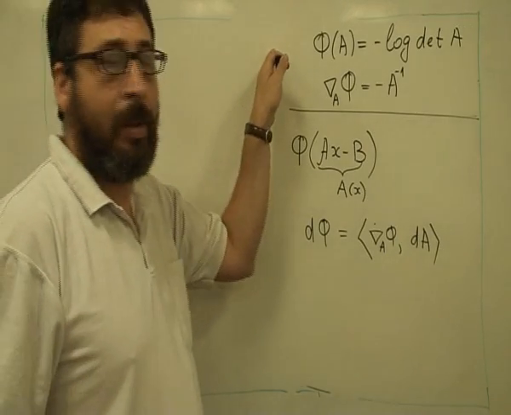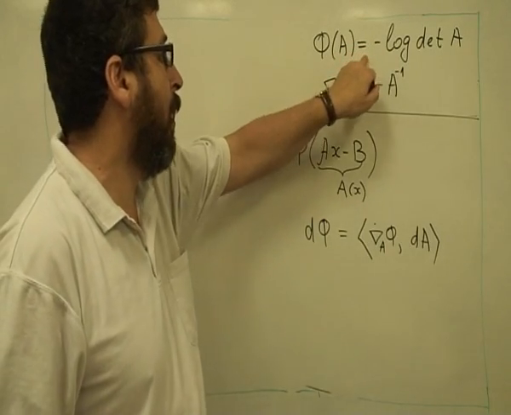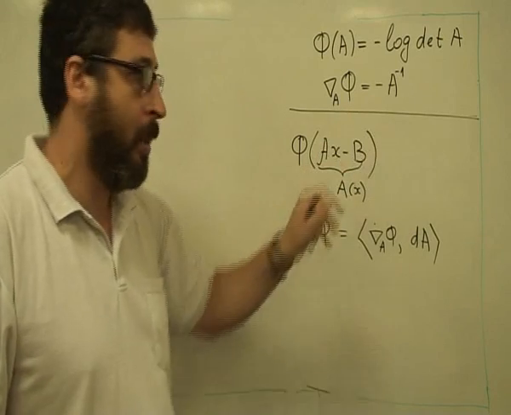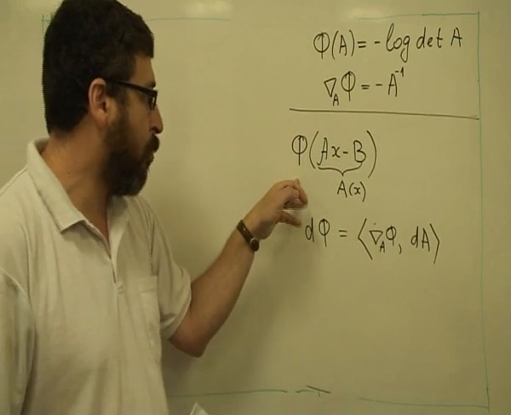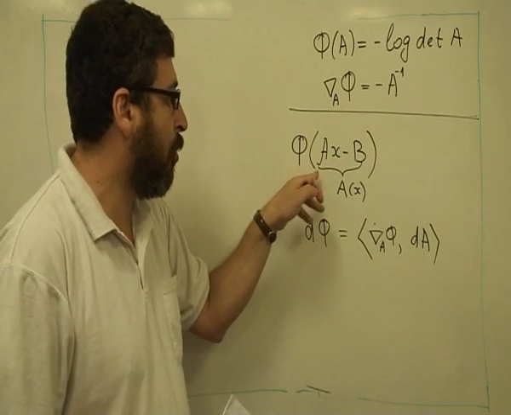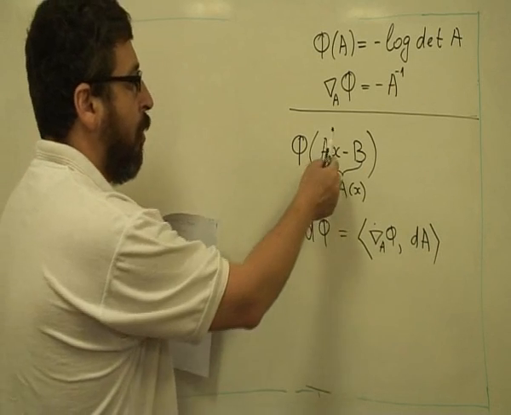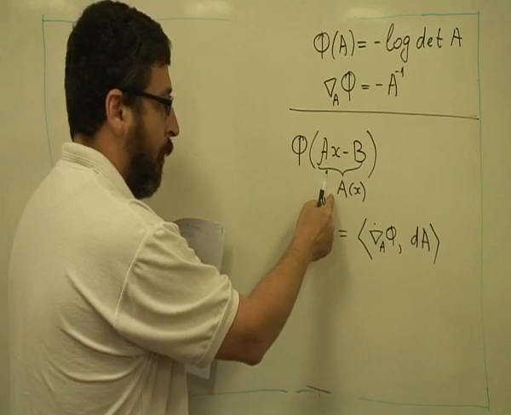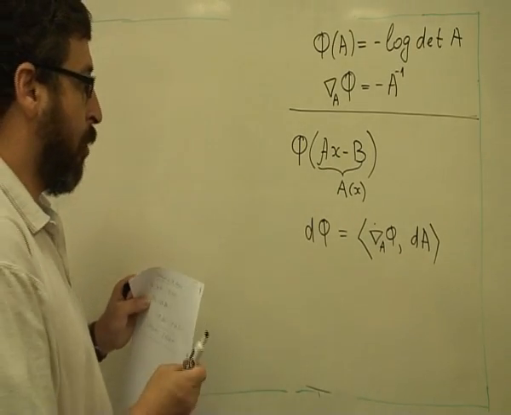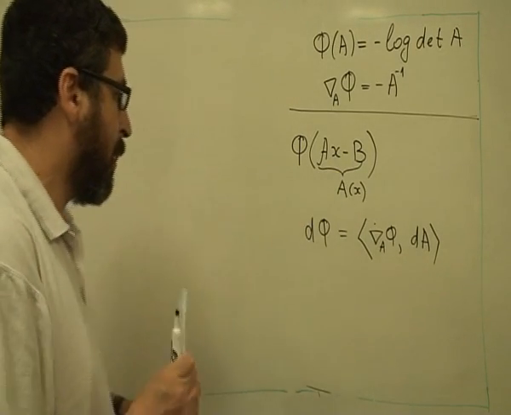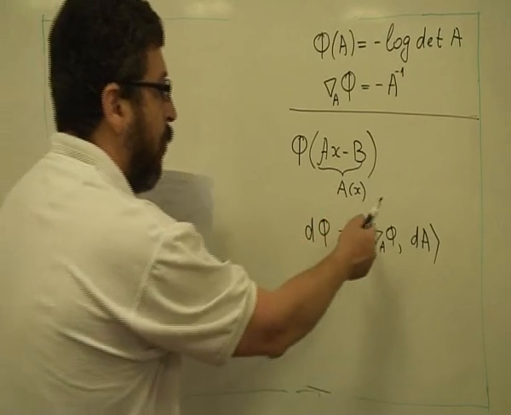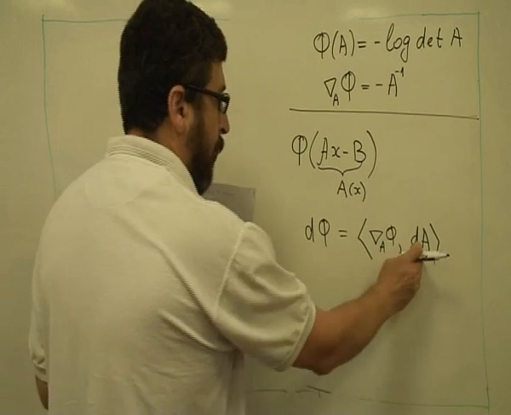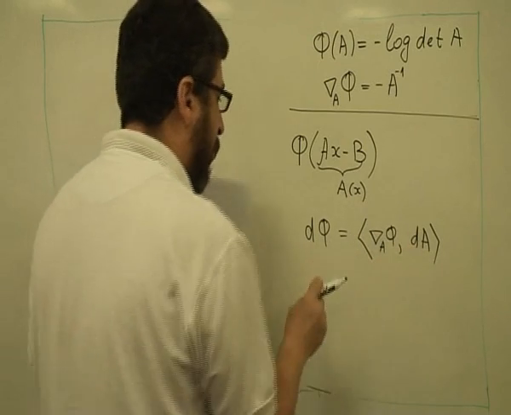So we have our barrier as a function of A, and have its gradient with respect to A. But actually in semi-definite programming we will write it as a function of x. We have a linear operator which maps from x to A. And to get the gradient with respect to x, we again will try to get some scalar product mapping dx to d phi.